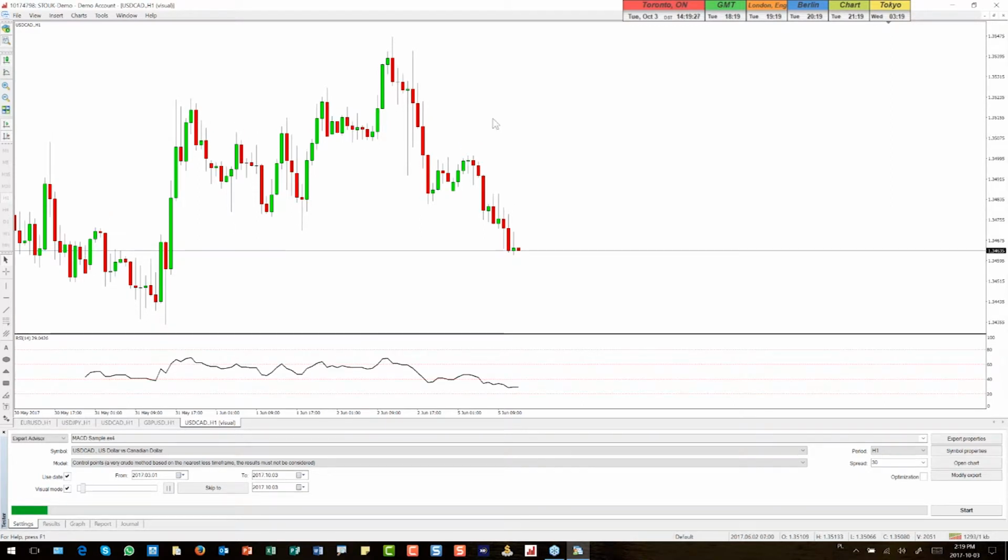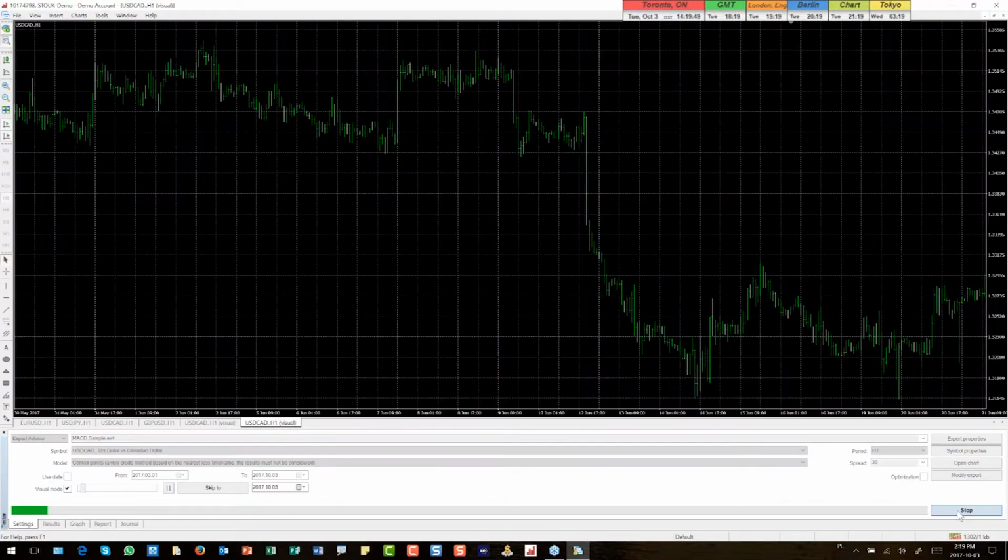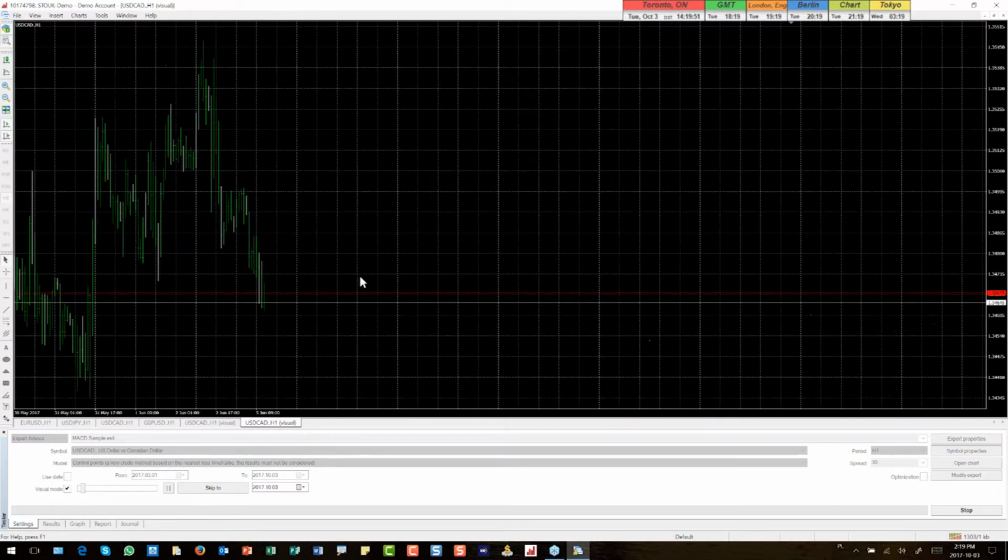So I already have a blank chart with RSI. As you can see, now I have a chart showing my indicator, starting from here, 14 days before, and I can see what's going to happen. Now, the technique I'm using is specific levels, trend lines, and RSI.